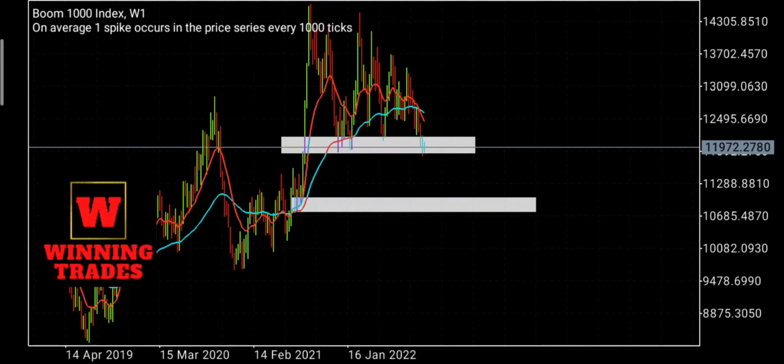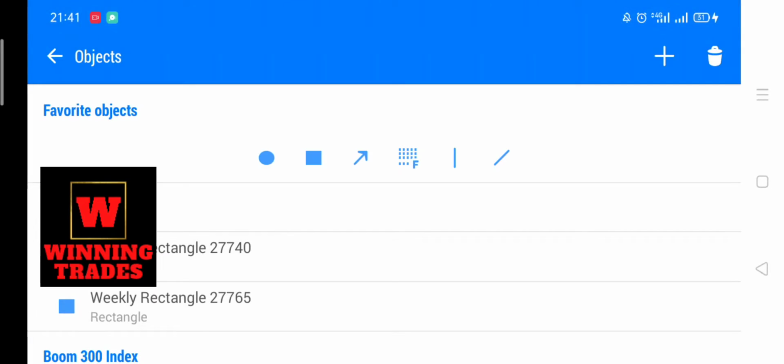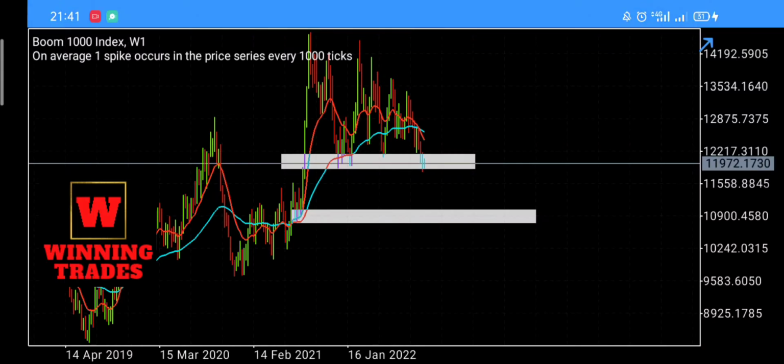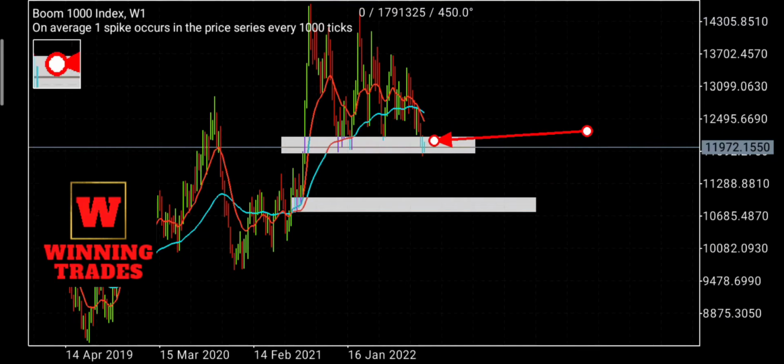This support right here is a very strong support. As we can see, price has been ranging on that support.